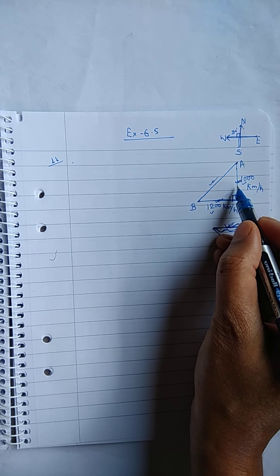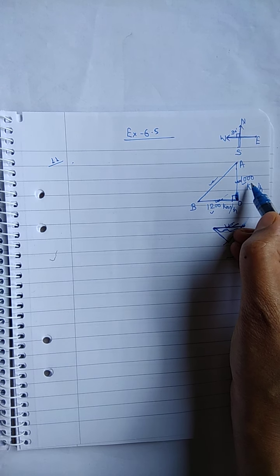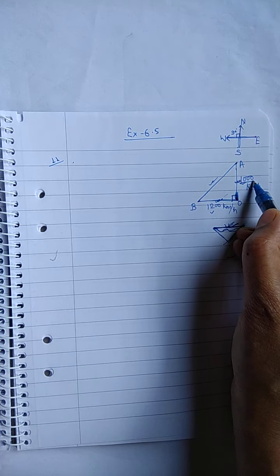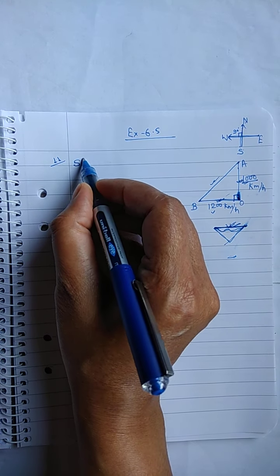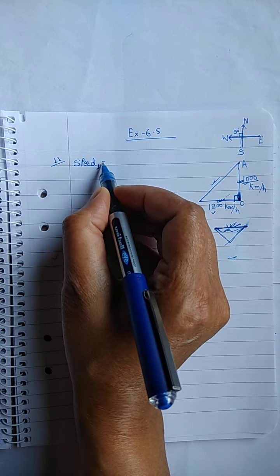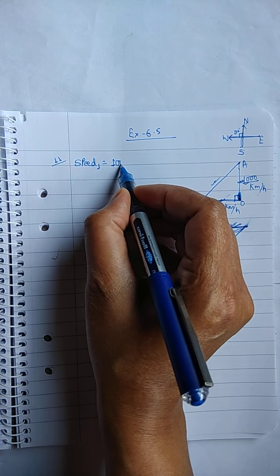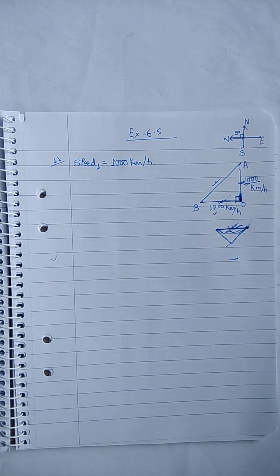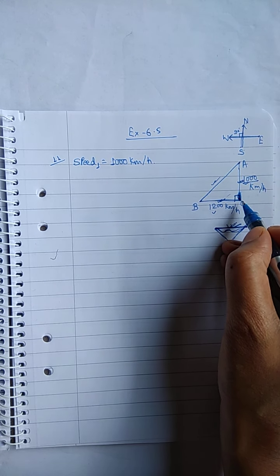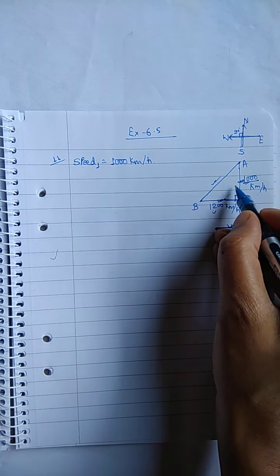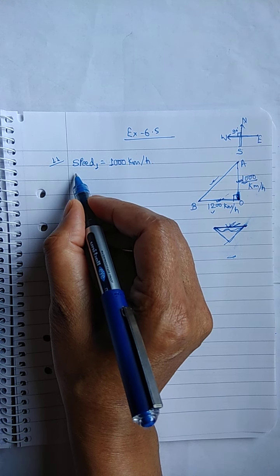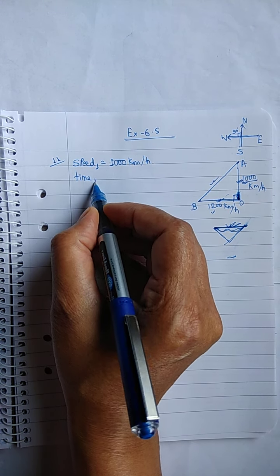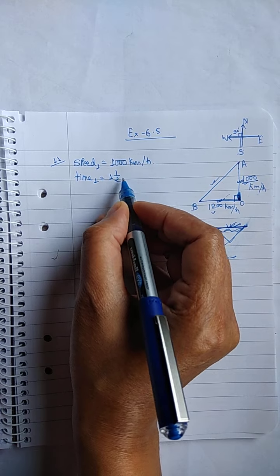Okay. So first we will find AO. To find AO, what is given? First is speed. Let's say speed 1 equals 1000 km per hour. And the time 1 for aeroplane 1 is 1.5 hours.